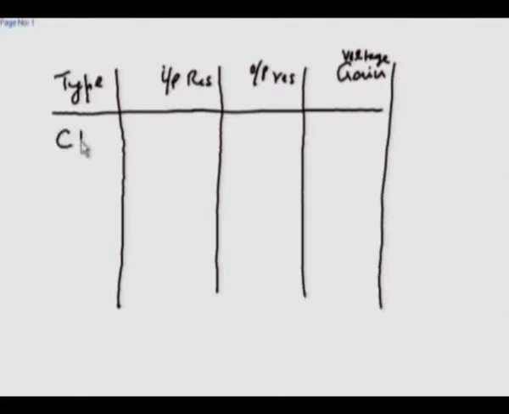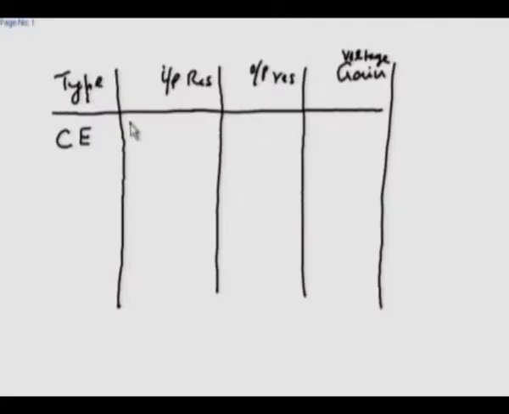Now, if you look at a common emitter amplifier, we know that the input resistance, as we saw yesterday, is typically R pi, and we said R pi is of the order of a few kilo ohms, it is not very high. So let us write low to medium. This means at best you could get a few kilo ohms, not hundreds of kilo ohms.